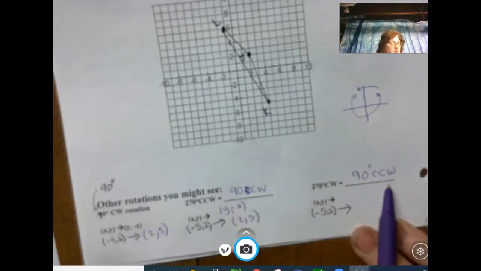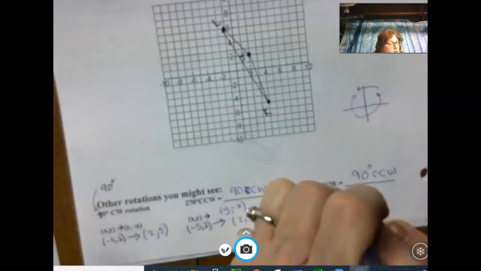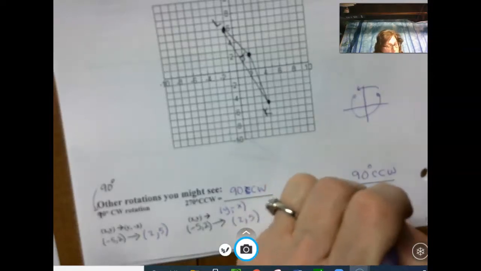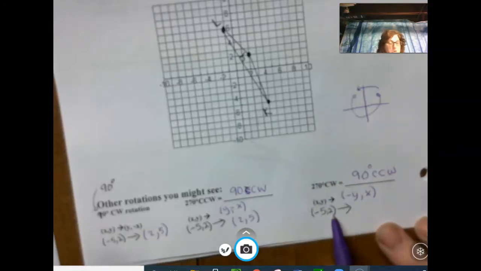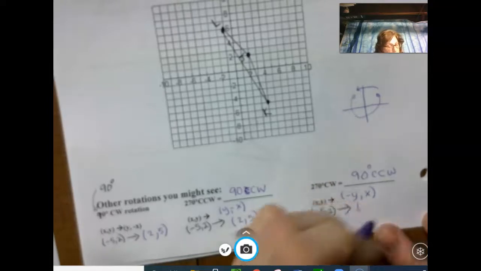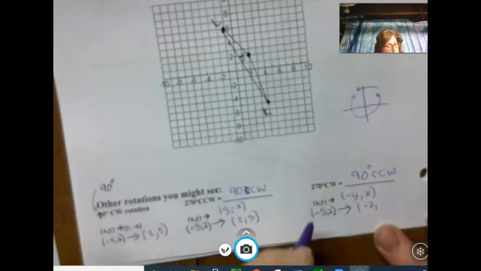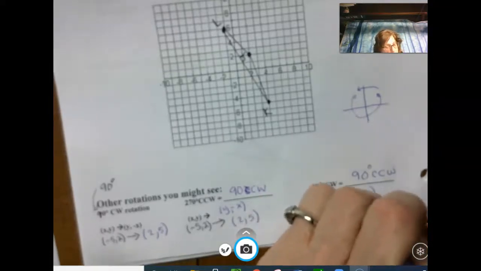So 90 degrees counterclockwise, if you read above at the top of the page, (x, y) maps to what? Hopefully you have (negative y, x). So my point negative 5, 2 maps to negative 2, negative 5.